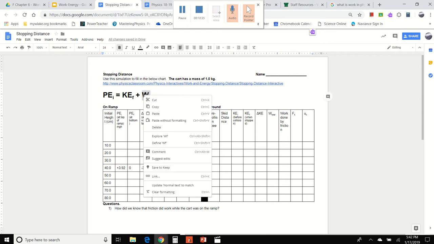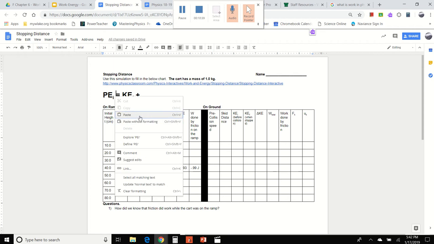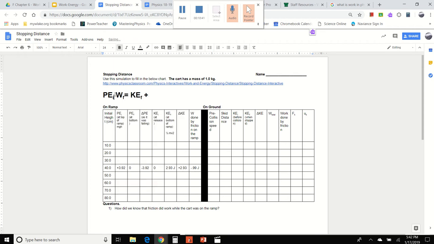Sorry, I just realized why I wasn't getting a negative there. This should initially be on the other side of this equation. So solving that for the work done by friction, it winds up being KE final minus PE initial. And that's how you get the negative here.